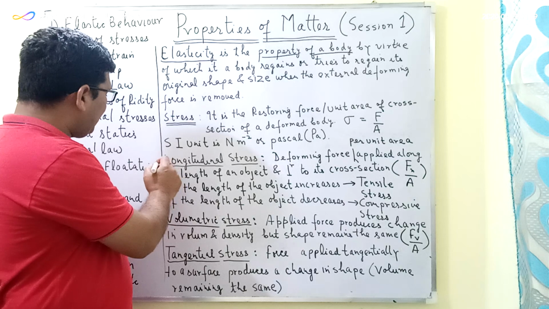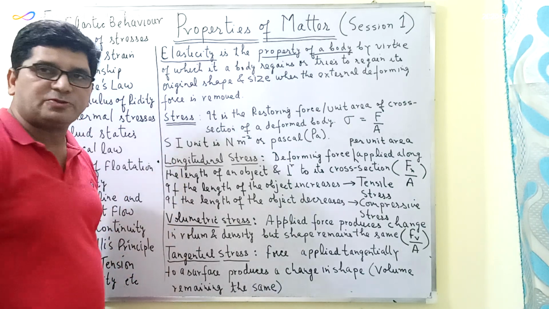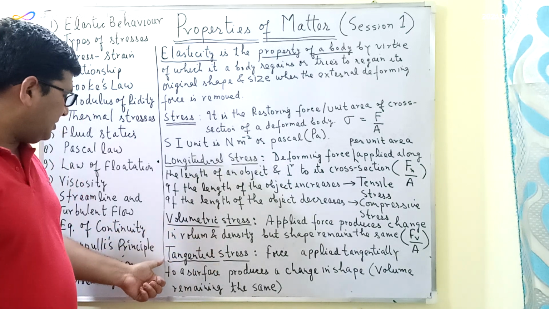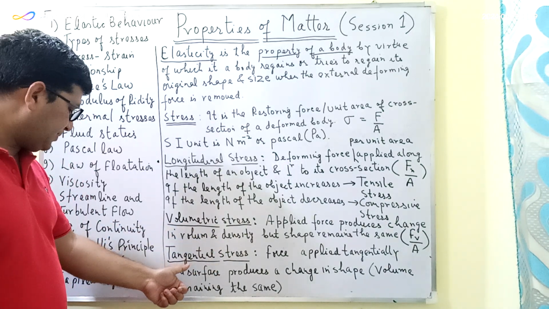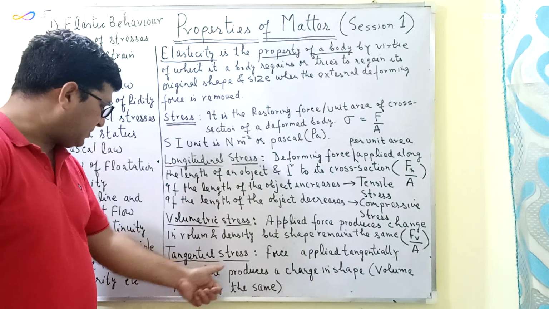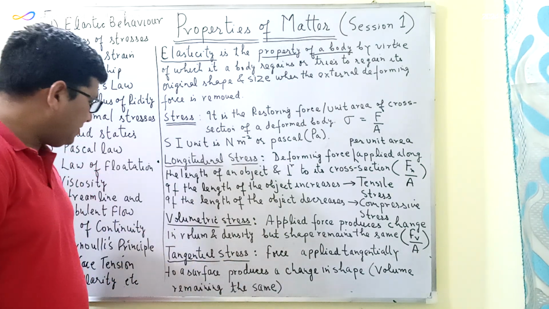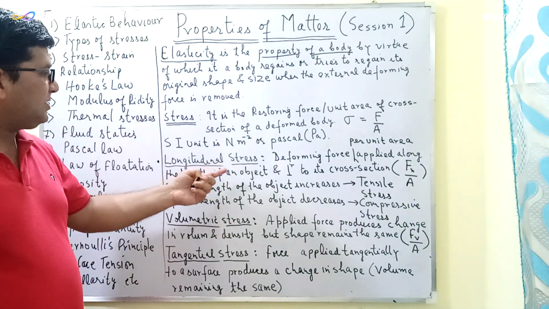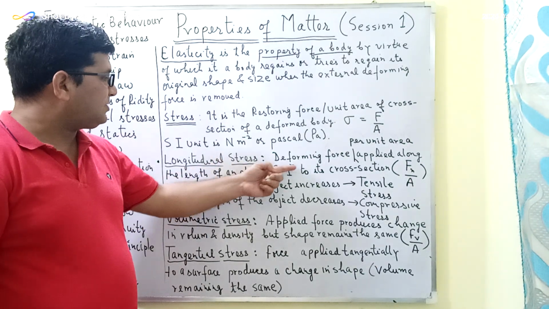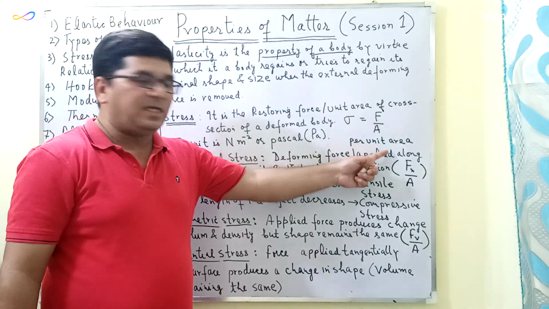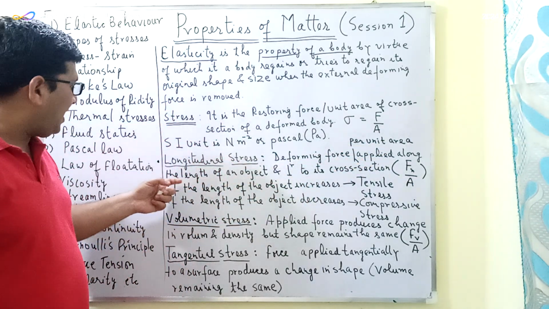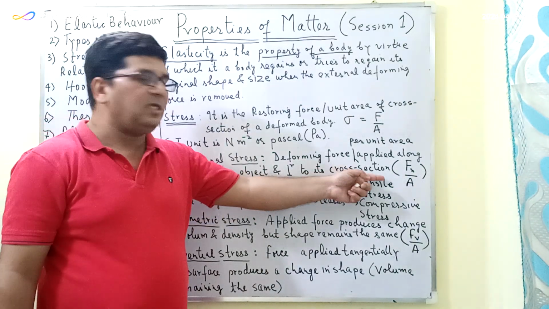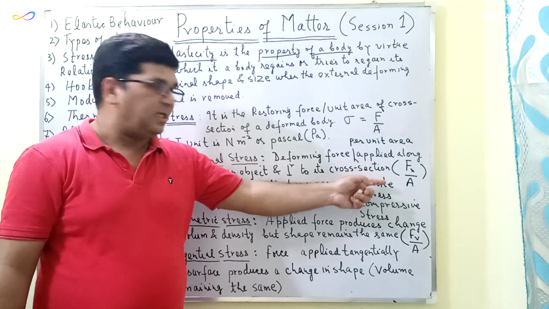The first one is the longitudinal stress, also called the normal stress. The second one is the volumetric stress, and the third one is the shearing or tangential stress. So what is the longitudinal stress? In the longitudinal stress, the deforming force per unit area is applied along the length of the object and perpendicular to the cross section of the body.